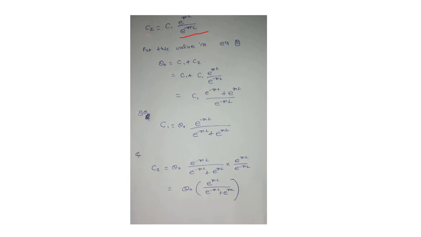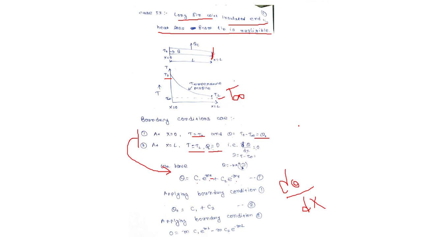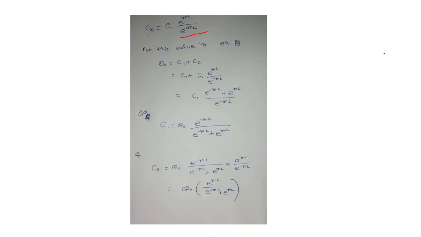Put the value of c2 in equation number 2, theta 0 is equal to c1 plus c2, so we get c1 plus c1 e raised to ml upon e raised to minus ml. By cross multiplication and taking c1 common, we get c1 times (e raised to minus ml plus e raised to ml) upon e raised to minus ml.